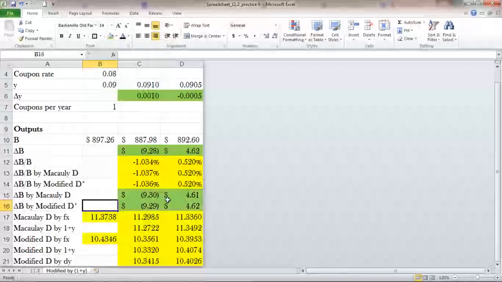This is basically the prediction forecast of bond price change, and it's quite very close, right? Simply from the bond prices, finding bond price change 9.28, 9.30 by Macaulay duration, 9.29 by modified duration is quite close, right?